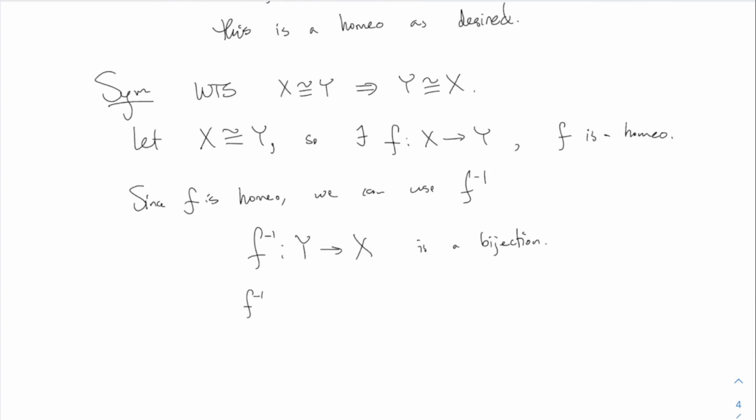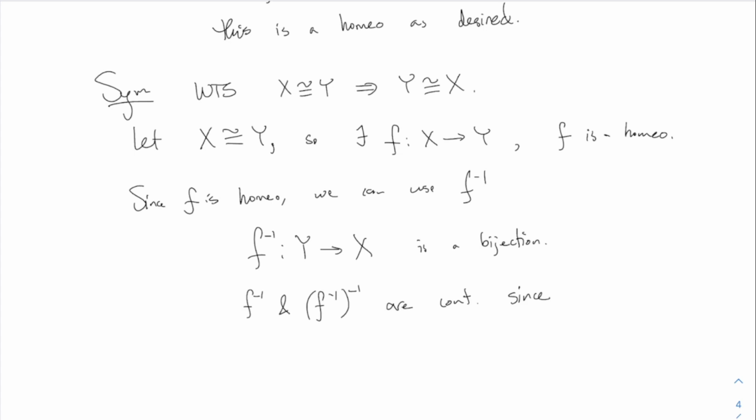F inverse, and this is maybe slightly confusing, but to show it's a homeomorphism, you have to show that this function is continuous and also the inverse of this function is continuous. So F inverse and F inverse inverse are what we have to show are continuous. How do we know F inverse is continuous?